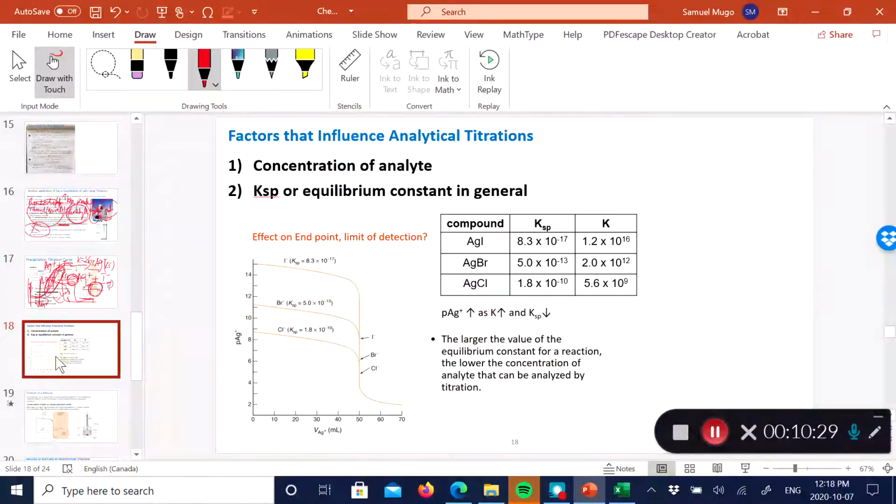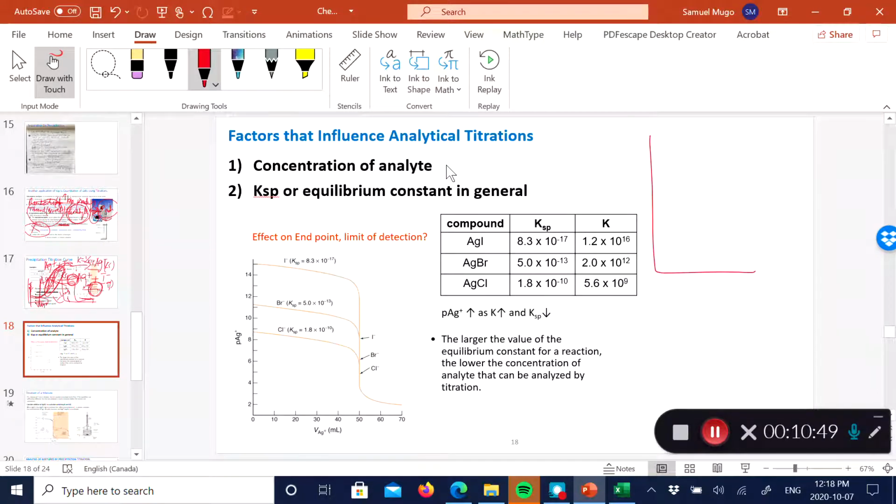So ideally, we need a more concentrated analyte so that the end point is very, very clear. It's almost what we talked about with the limits of detection. If you've got a very low concentration of the analyte, it's going to be very difficult to see the end point.